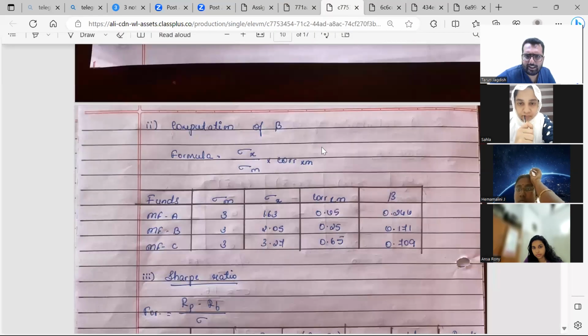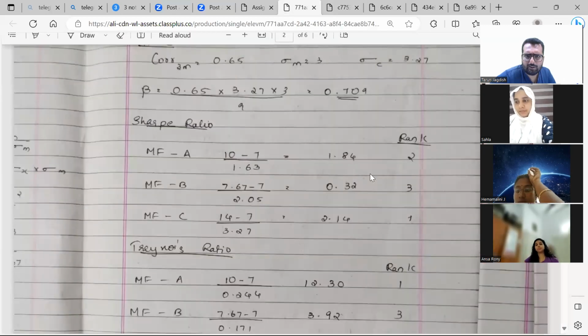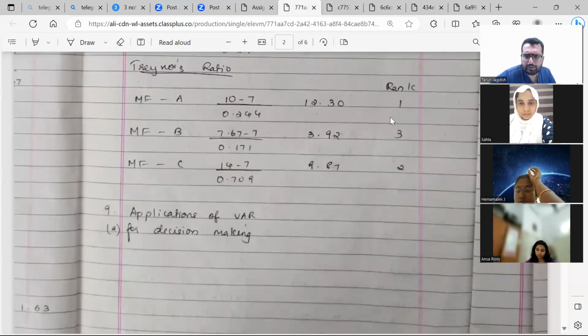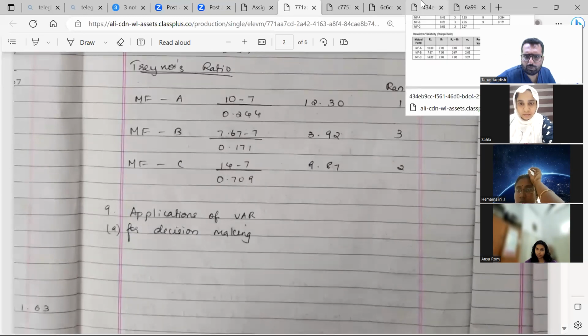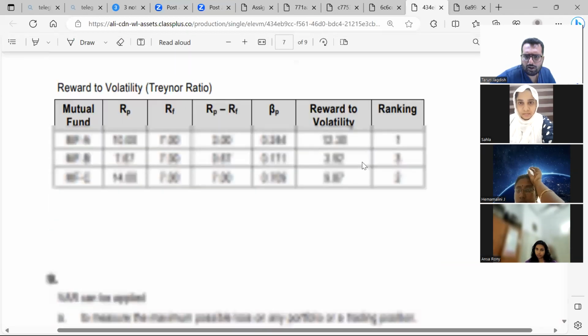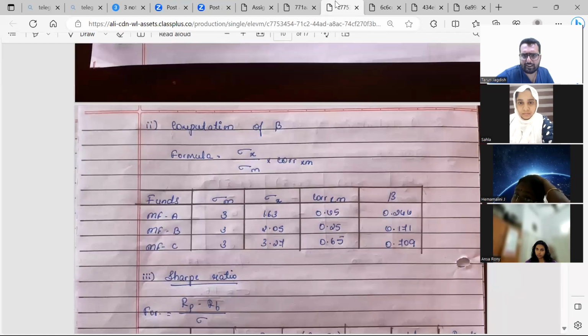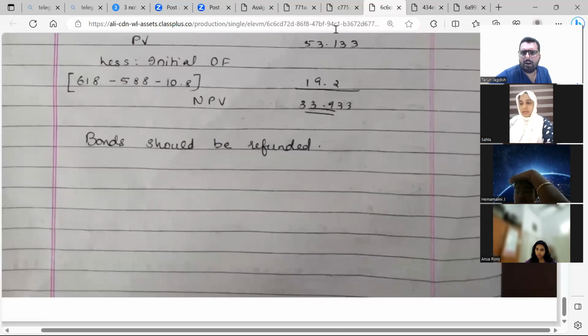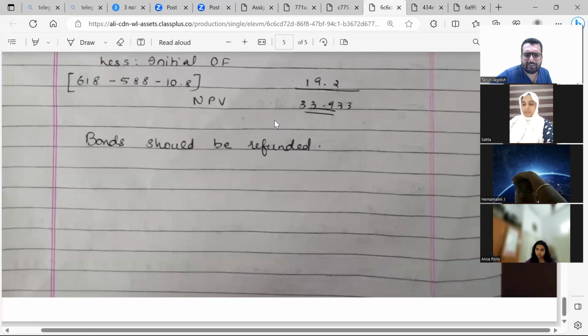Perfect. Your answer is right there. And second one is 12.3. Yes, I think that's also correct. Excellent. Your answer is correct, Sahela. You can give yourself full marks for that. Presentation wise, just improvise a little bit, but you will not lose marks for that.